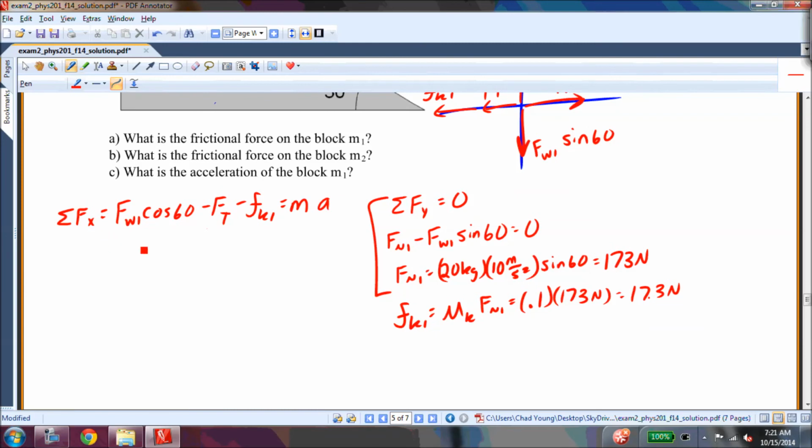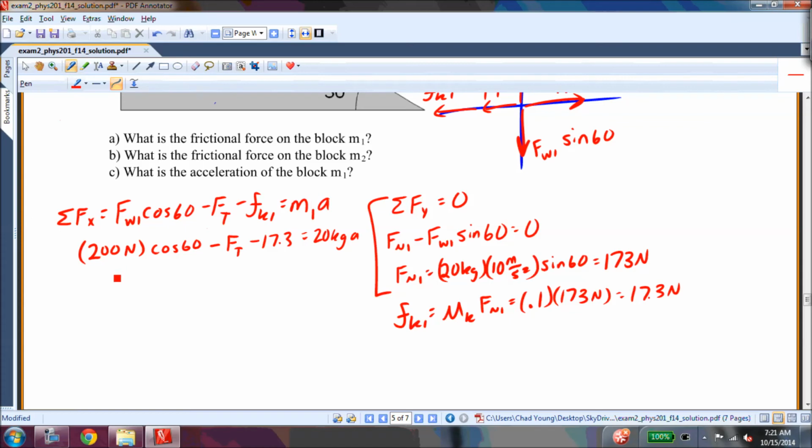Okay, so let's see what I know here. I know that Fw1 is 200 newtons, times the cosine of 60, minus Ft, which I don't know, minus 17.3 equals 20 kilograms times a. This should be M1 right here.